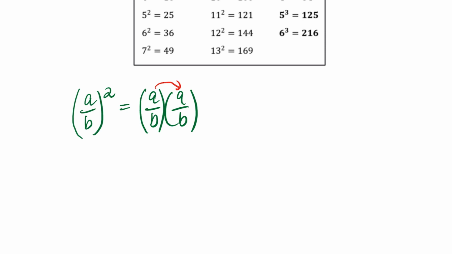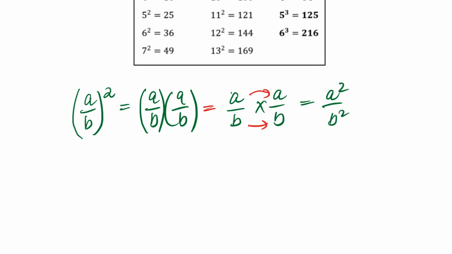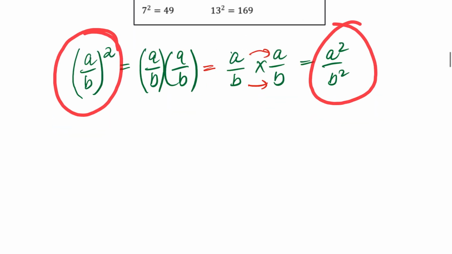It's going to be a over b times a over b. This means the numerator times the numerator, the denominator times the denominator, which is going to be a squared over b squared. But you can just jump from here straight to here, right?